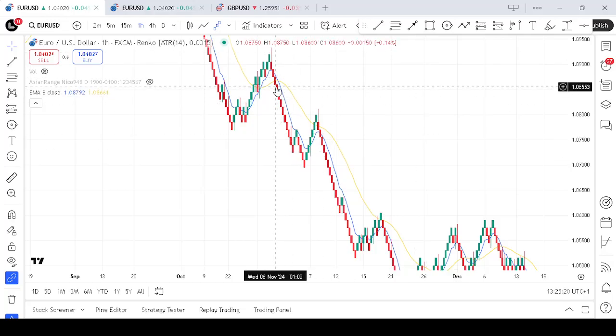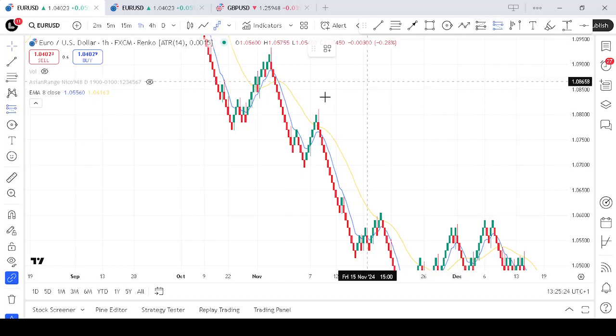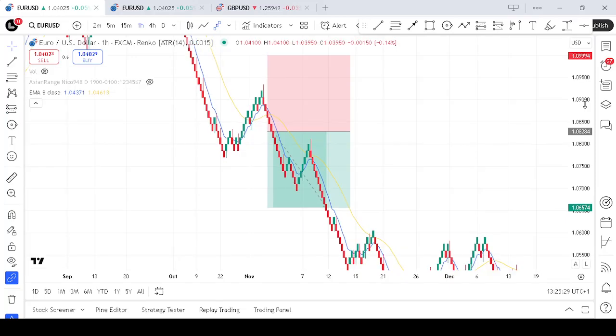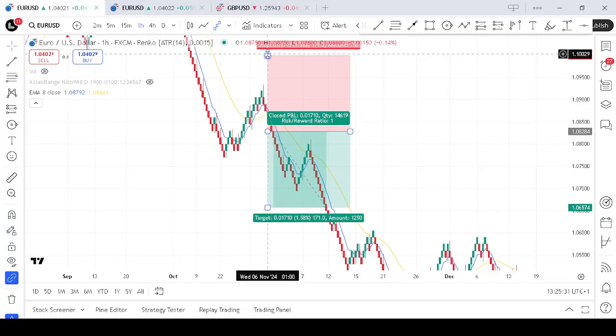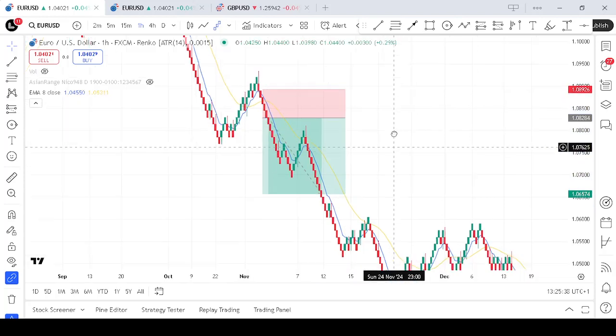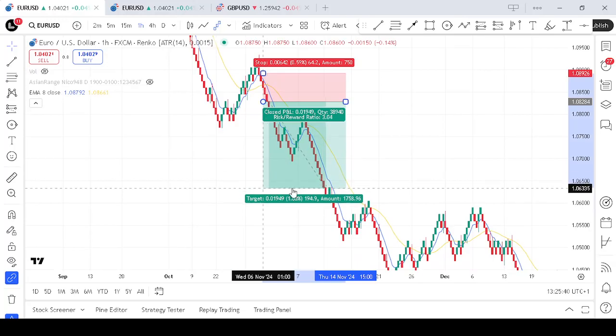We also need to confirm two bearish or two red bricks forming before we enter our trade. When we confirm two bearish bricks forming, we put our stop loss just above the second brick or the third brick, giving it breathing space, and you target your 1:2 or 1:3.